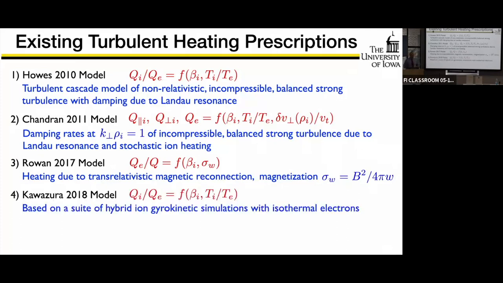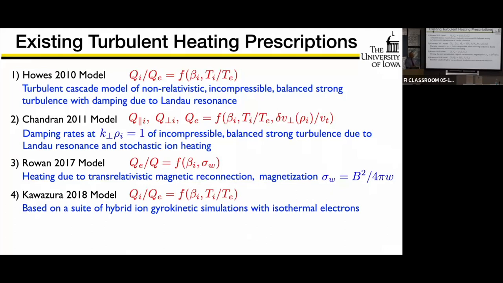And then finally, there was a model in 2018 by Kawazura that was based on a suite of hybrid ion gyrokinetic simulations with isothermal electrons. It's very similar in some ways to this Howes model in terms of the approximations that have to be satisfied.